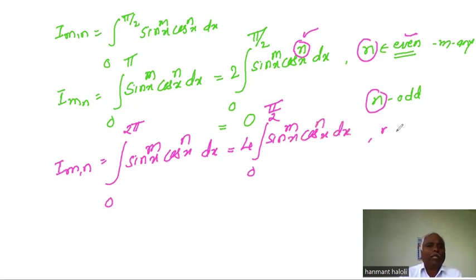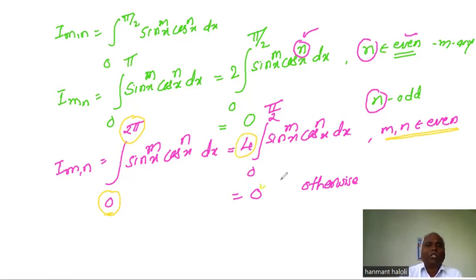Here, if both m and n are even numbers, only then it is 4 times. Otherwise, it is 0. This is a very important concept we have to keep in mind. Whenever we have limits 0 to 2 pi, that time both m and n must be even numbers. Only then the integral becomes 4 times. Otherwise, it is 0.